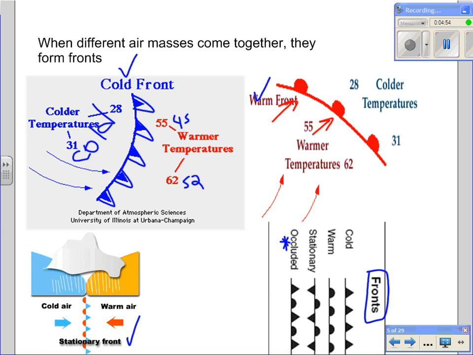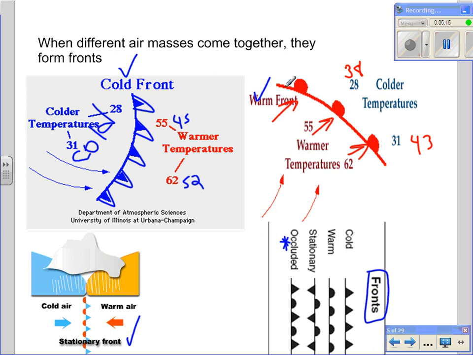So eventually, the warm air is going to cause these temperatures to rise from 28 to maybe, say, 38. And from 31, maybe, say, 43 degrees over time.